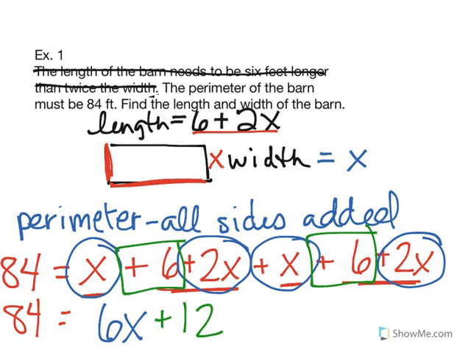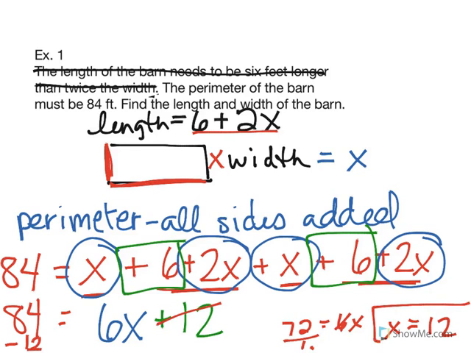Now to get x by itself, I have this plus 12. I'm going to subtract it to the other side. And I get 72 equals 6x. Then finally I'm going to divide by that 6 and get x equals 12. Now I know this got messy and I apologize for that.